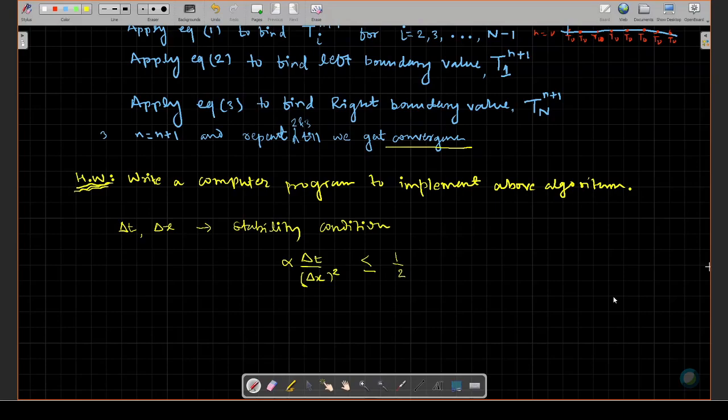Okay, so if delta x is already known, if delta x is fixed, or first chosen, then delta t can be calculated.